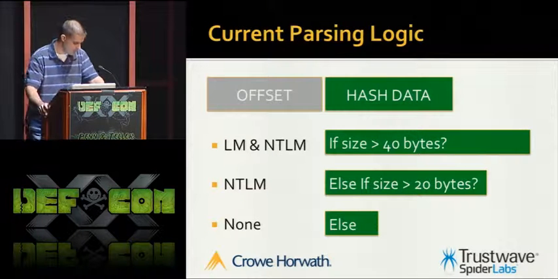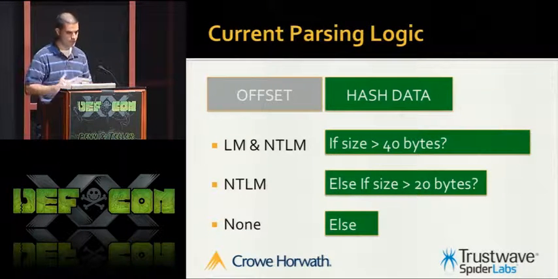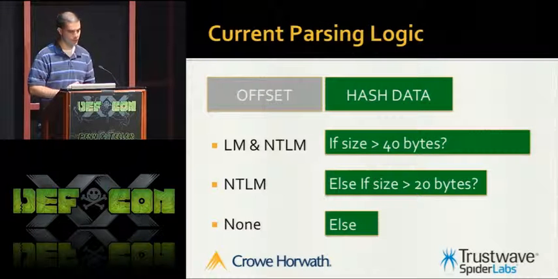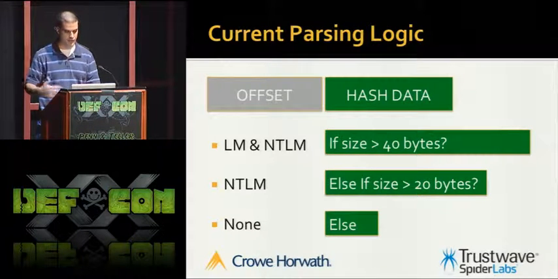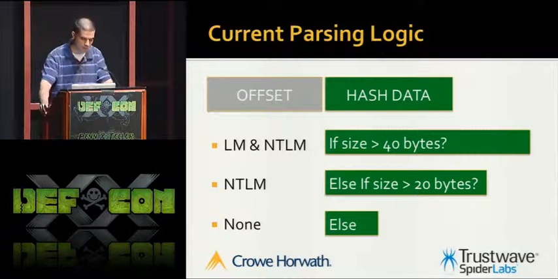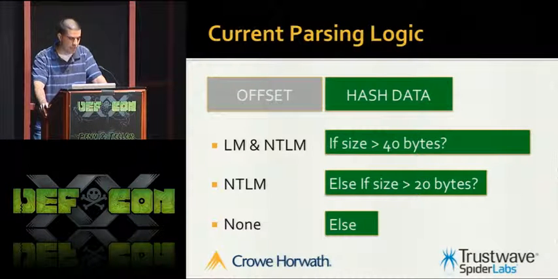Turns out we have this V key, which has all of the data we want to play with, and we need to read into a certain part of this key, which is the offset. So we're just reading in until we hit that hash data. Once we get to the hash data, we need to figure out how to parse this. The way these tools did this was they measure the length of the hash data.